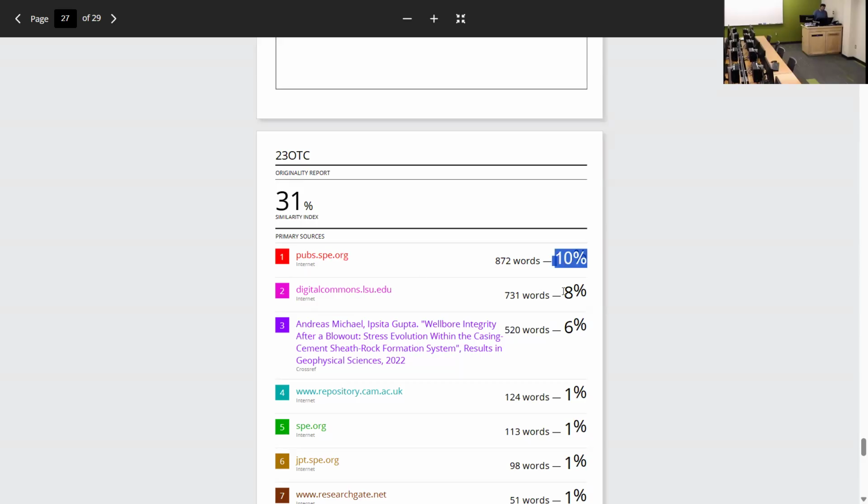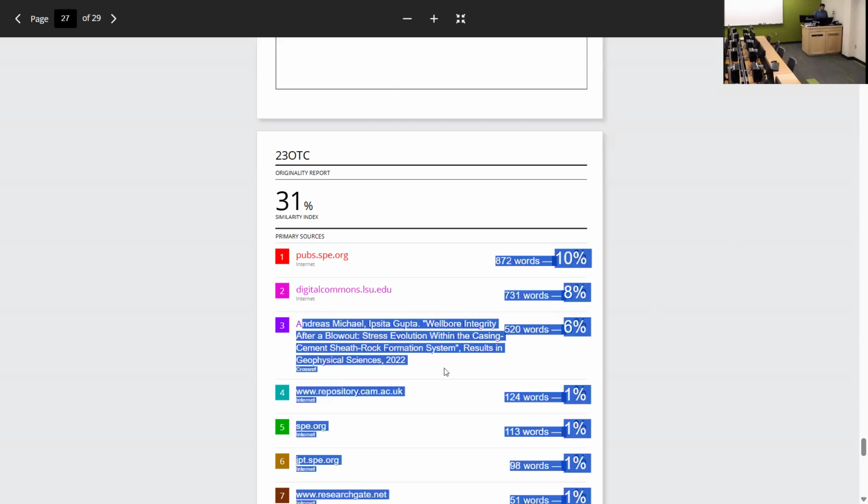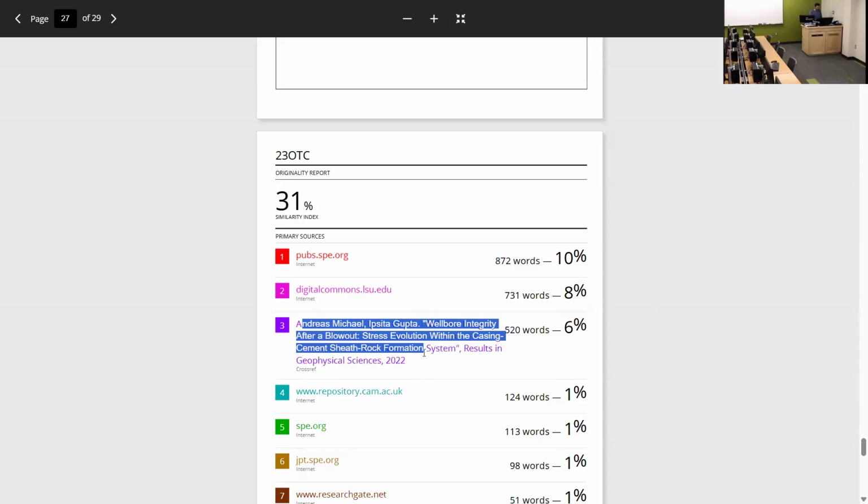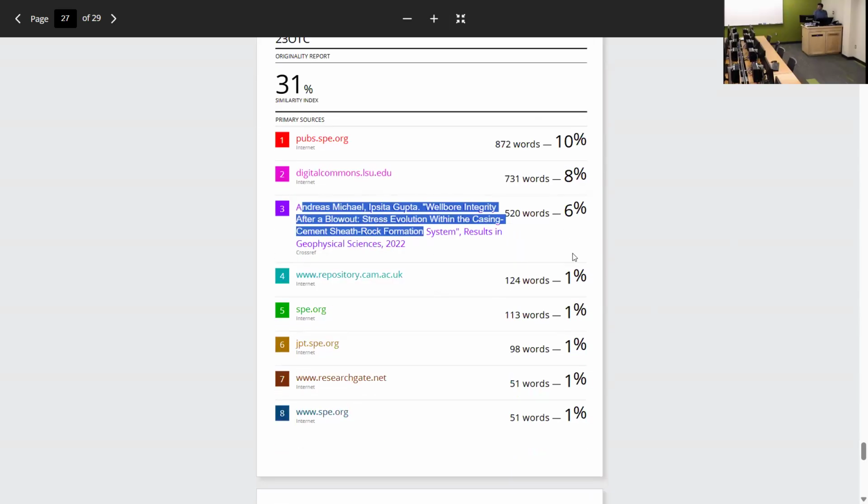And then I had 8% similarity with my dissertation from LSU. It's my work, but still, you need to paraphrase enough. And then I had another similarity with another paper with my advisor. And the rest is like 1%, so they are not that important.